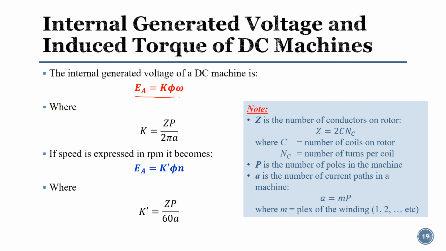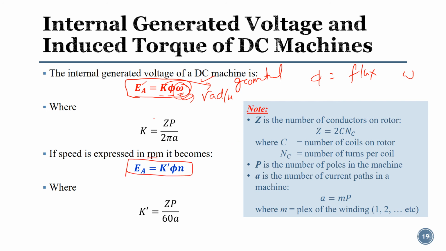This is the expression we derived in the earlier chapters, in chapter 1 and chapter 2: the internal generated voltage is E_A = K times phi times omega, where K depends on the geometrical parameters of the machine, phi is the generated flux, and omega is the angular speed of the generator, armature or rotor. If we use angular velocity in radians per second, that could be our equation, and if we use speed in rpm, our equation becomes this one.